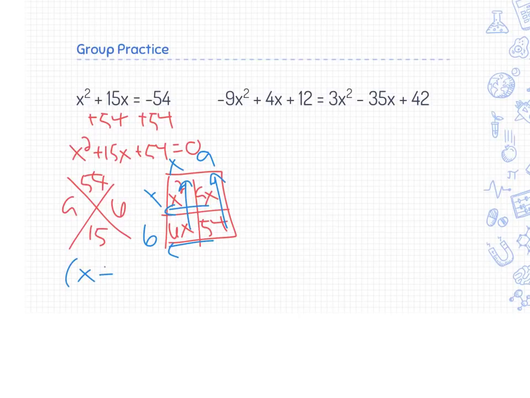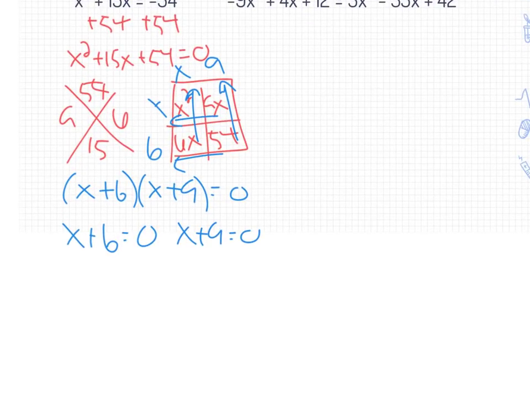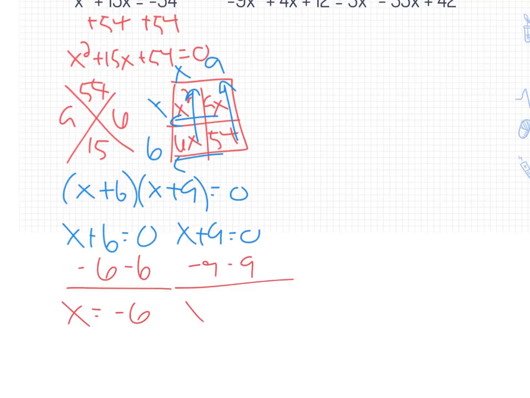So x plus 6, x plus 9 equals 0. x plus 6 equals 0, and x plus 9 equals 0. Subtract 6, and x equals negative 6. Subtract 9, and x equals negative 9.